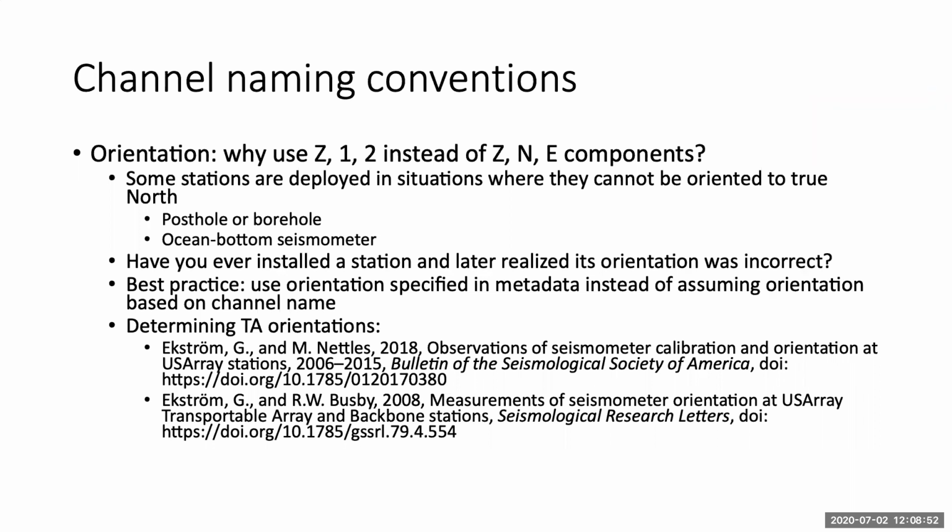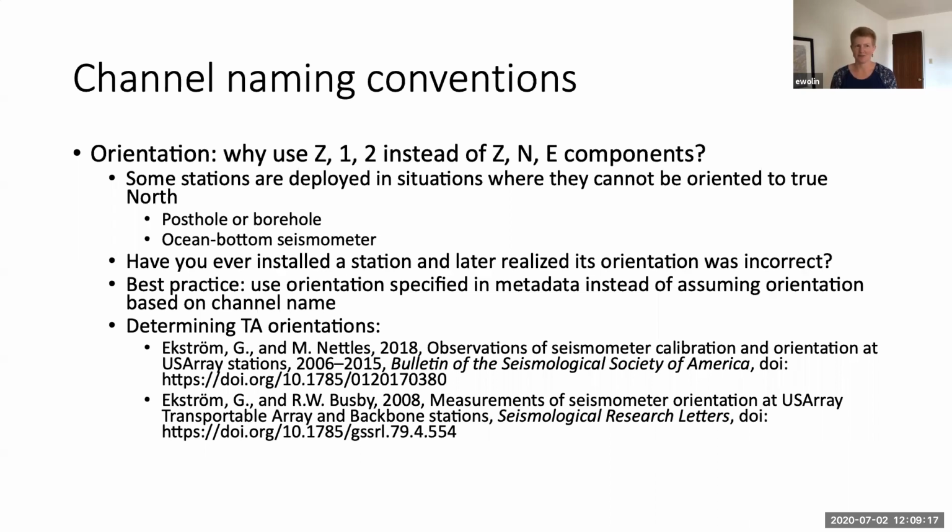Okay, and my second question that's related is, when it's Z, 1, 2, do those always follow a right-handed coordinate system? Can we reliably say that they're always oriented in the same way with respect to each other? That is a good question. Again, I would always look at the metadata because you really don't know.